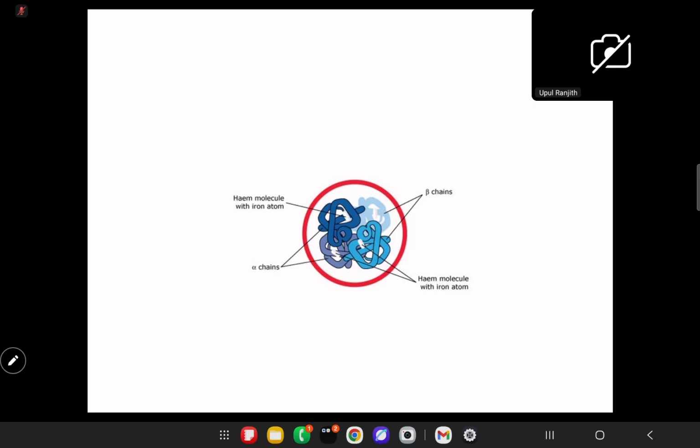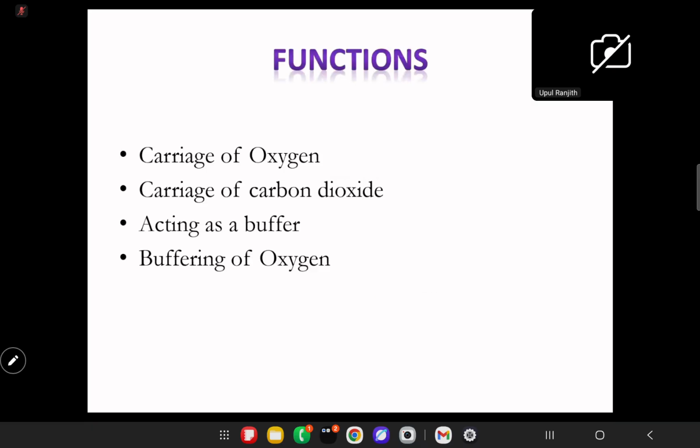In adult hemoglobin, there are 2 alpha chains and 2 beta chains. The functions of hemoglobin are carriage of oxygen, carriage of carbon dioxide, and acting as a buffer.